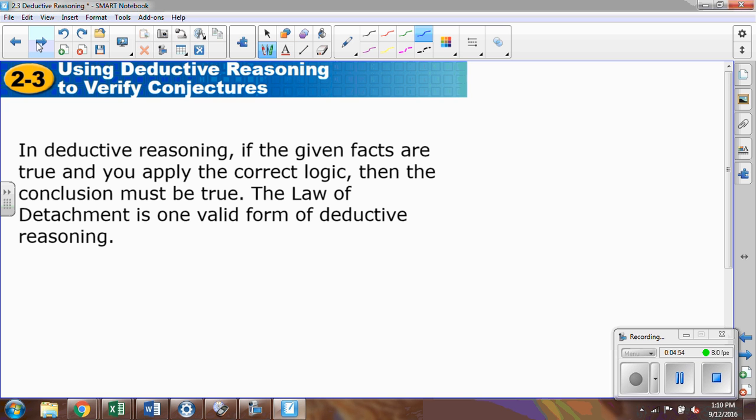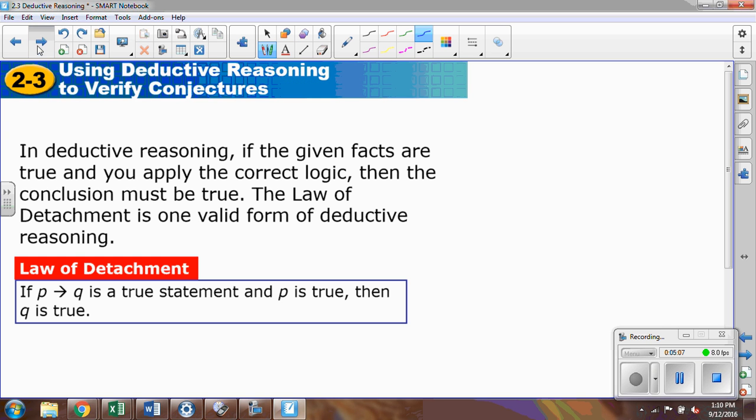Now, when we work with deductive reasoning, the two main tools we will use are the law of detachment and the law of syllogism. Both of them have a structure that allows us to reach conclusions. We know before that the only way for a conditional to be false is to have this format.